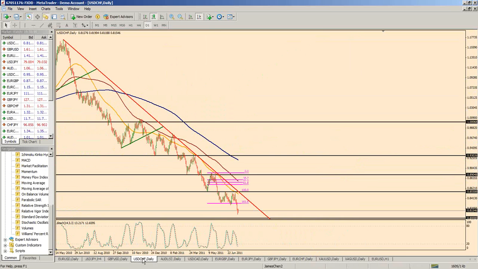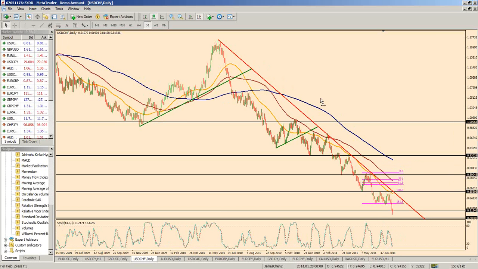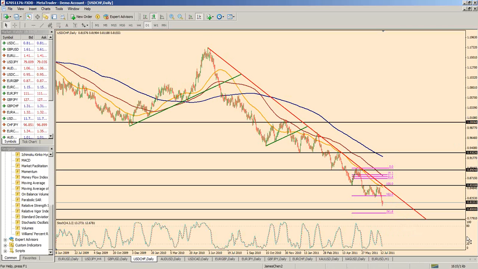Let me take a look. Very interestingly on dollar Swiss, we've got this very technical downtrend, where price action keeps moving down, breaking below successive all-time lows, and just yesterday we hit another all-time low on dollar Swiss.